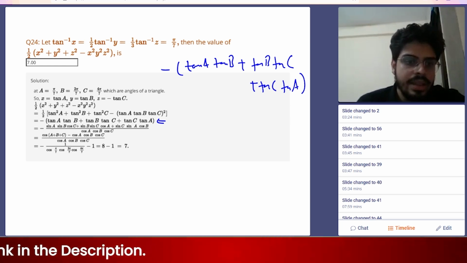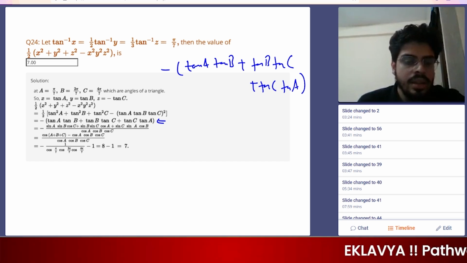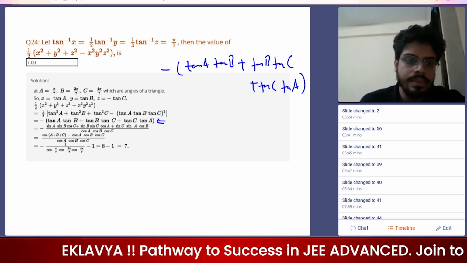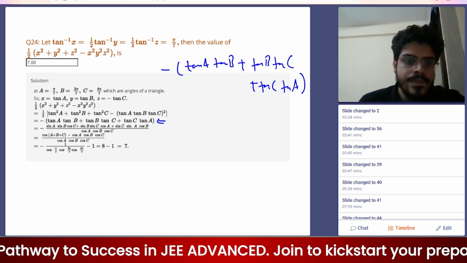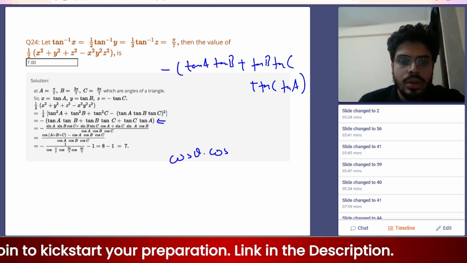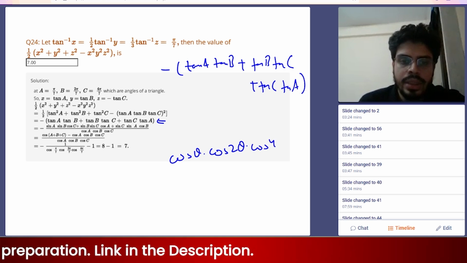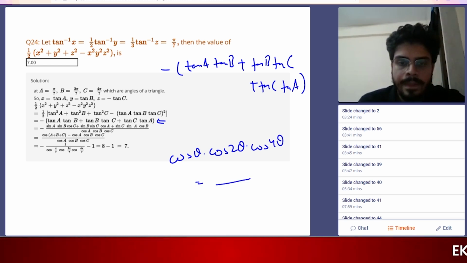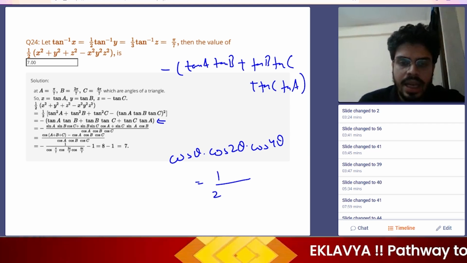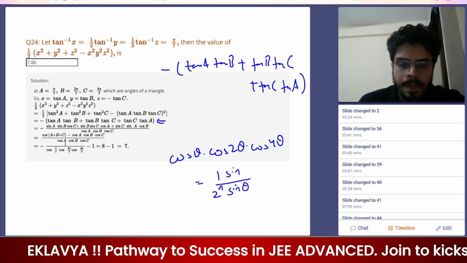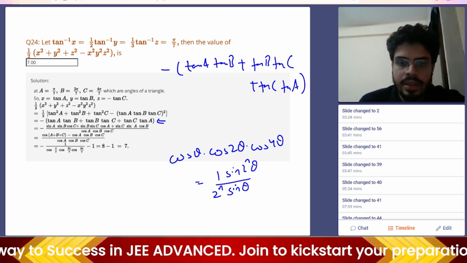So cos pi by 7, cos 2 pi by 7, and cos 4 pi by 7. This we can find with the help of 2 cos A cos B, or we can simply use cos theta into cos 2 theta into cos 4 theta, which is equal to sine of 2^n theta over 2^n sine theta.